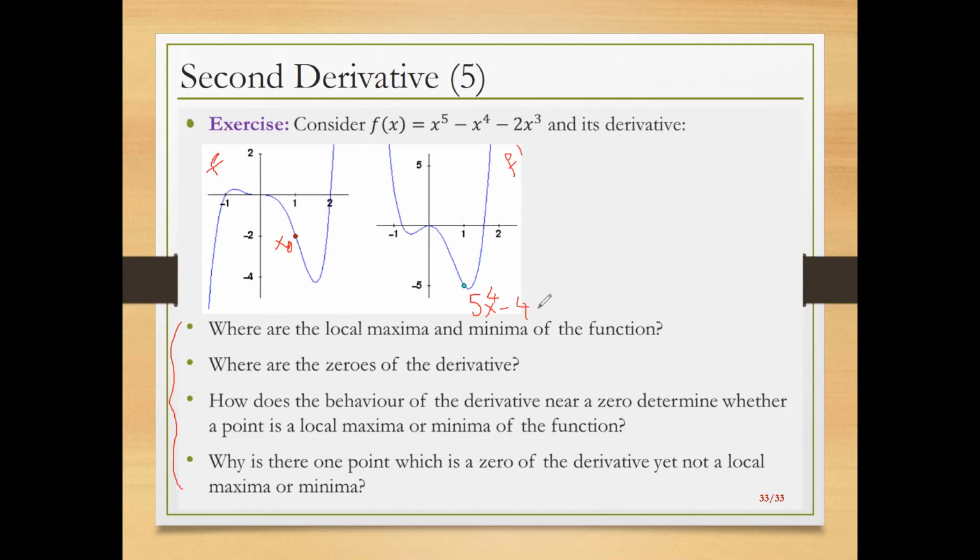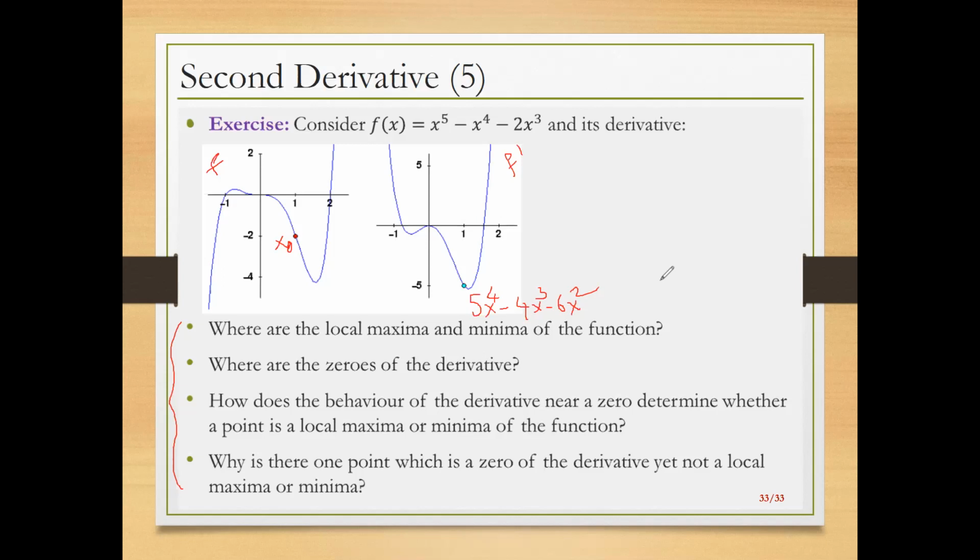Please keep talking, I'm listening. Okay, I understood that you know how to do it. I don't want you to do the math now. Question one is asking where the local maxima and minima are.